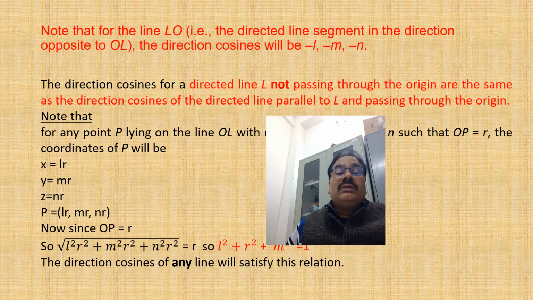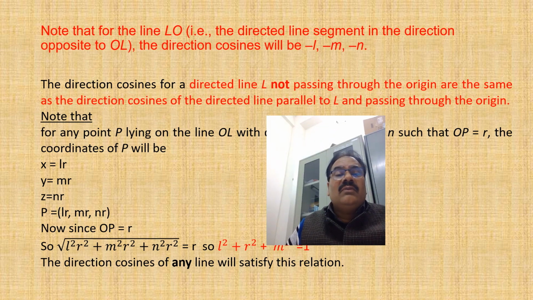For the line LO, the directed line segment in the direction opposite to OL, the direction cosines will be minus l, minus m, and minus n. So if the direction changes, then the direction cosines change by a negative sign. The direction cosines for a directed line not passing through the origin are the same as the direction cosines of the directed line parallel to it and passing through the origin.